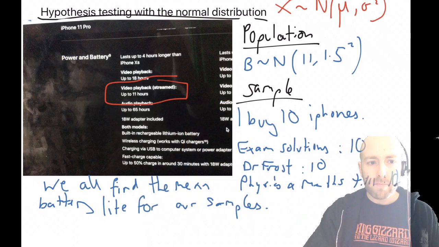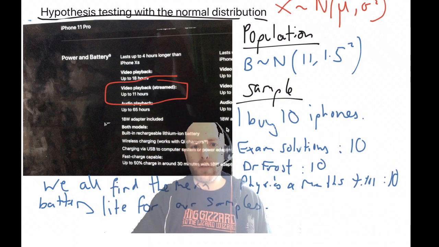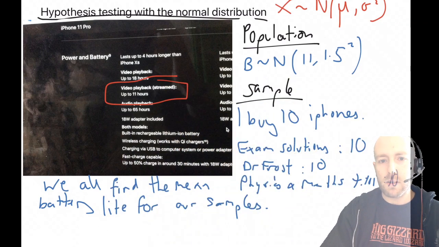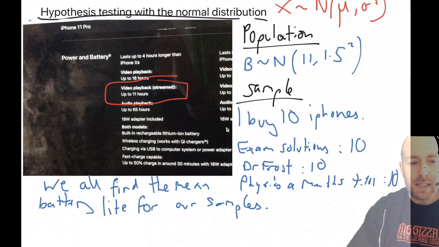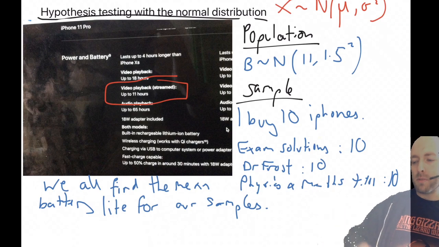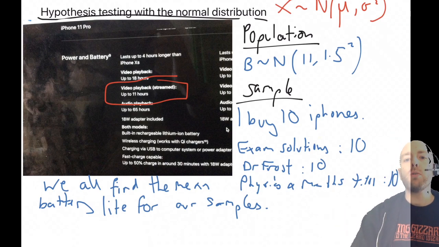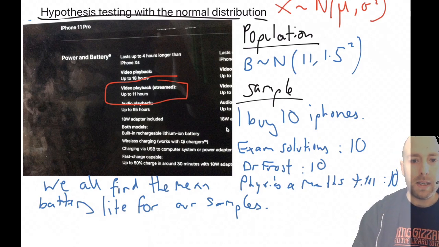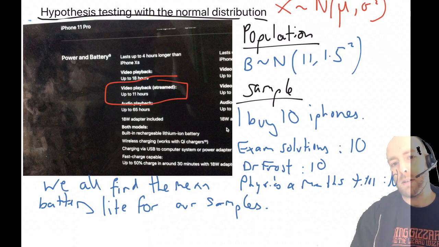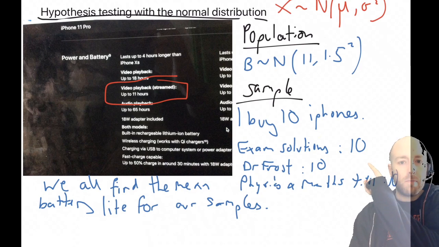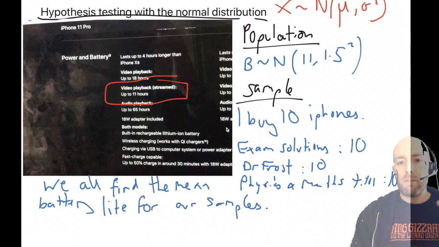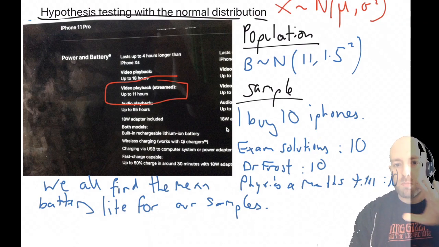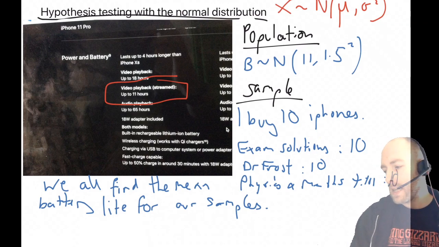All right, so yeah, the four of us maths big deals have got our samples of 10 iPhones, and we've all found the mean battery life for our samples. Those mean battery lives should also be normally distributed because they came from a normal distribution. If you take a sample, each of the samples you take, if you average those means, they should be normally distributed as well.